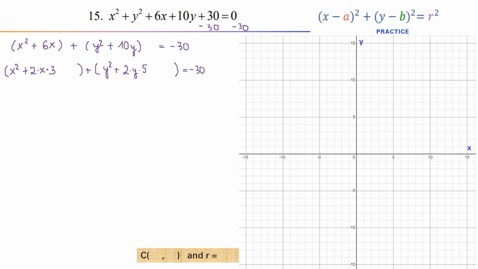And to complete the square, we have to add 3 squared to both sides, and we add 5 squared to both sides. Now we can rewrite it: (x plus 3) squared plus (y plus 5) squared equals negative 30 plus 9 plus 25.